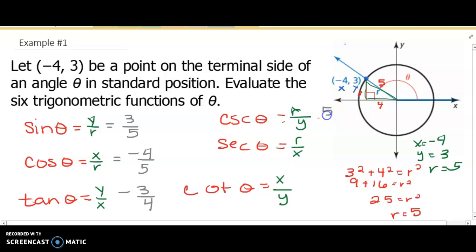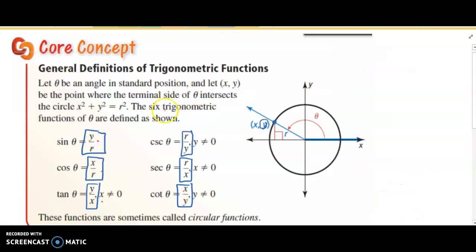Cosecant is 5/3. Secant would be -5/4, or 5 over -4 is the same thing as -5/4. In here, this is x over y, so -4/3. And once again, those come straight from here.